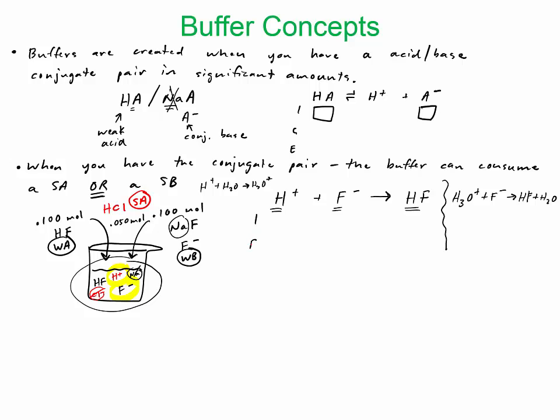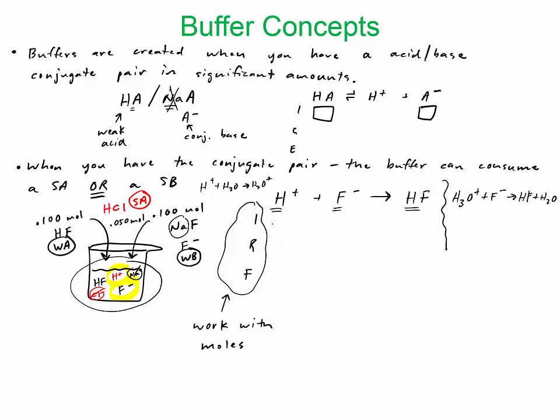So we set up an ICE table, and remember in ICE tables we work with moles. We're so used to doing ICE tables right now, and remember, with ICE tables, you're working with molarity, or if they're gases, sometimes you might use pressures, atmospheres. So remember, in these tables we want to work with moles, or grams, but moles is of course always easier.